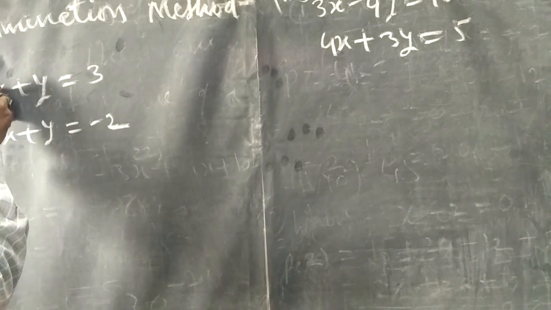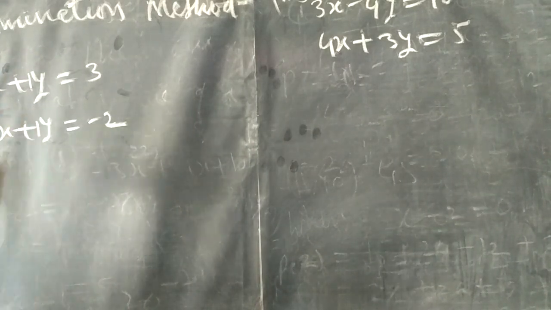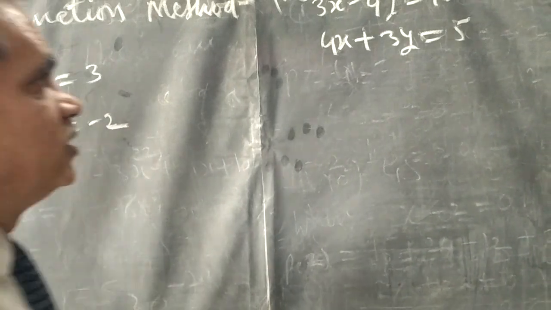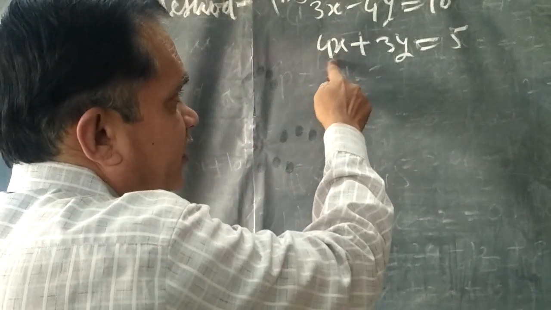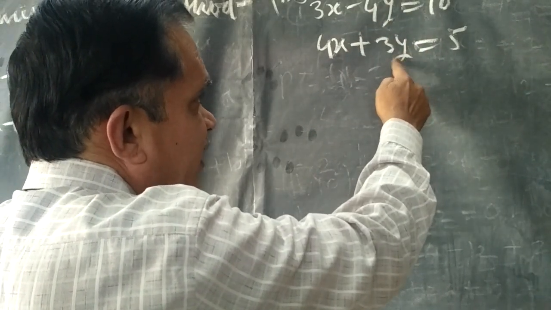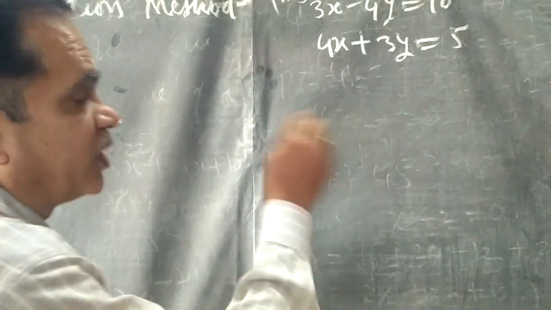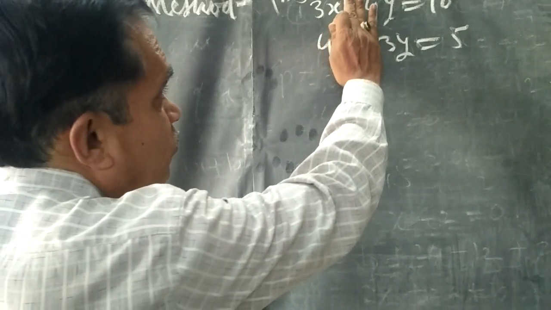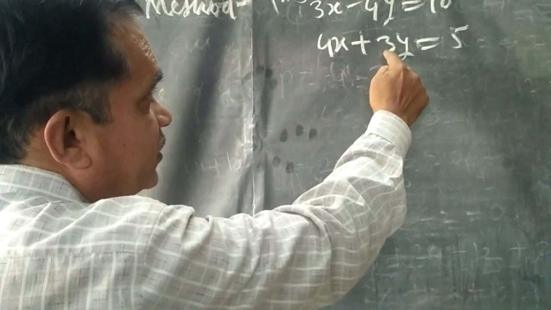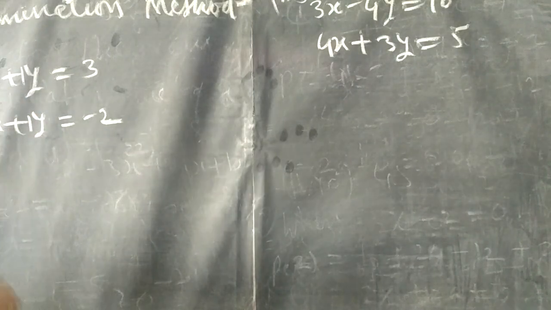Here, the coefficient of x is 1 and 3, and the coefficient of y is 1 and 1. Here, the coefficient of x is 3 and 4, the coefficient of y is minus 4 and plus 3. Numerical means we do not take the sign. Only 4, 3, 3, 4, 1, 1, 1, 3. Don't think about the sign, only the numerical coefficient.